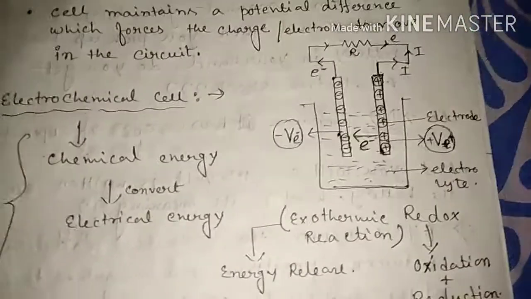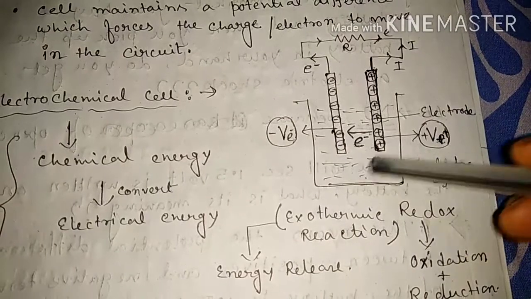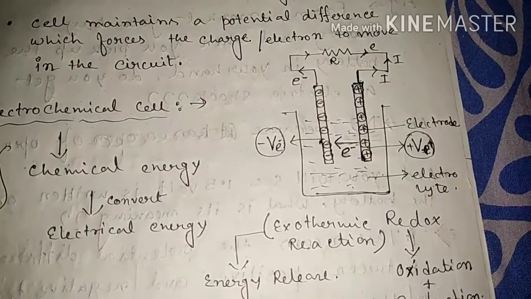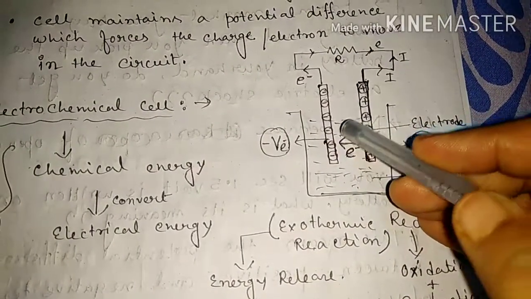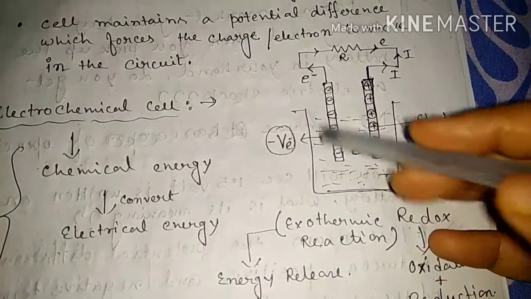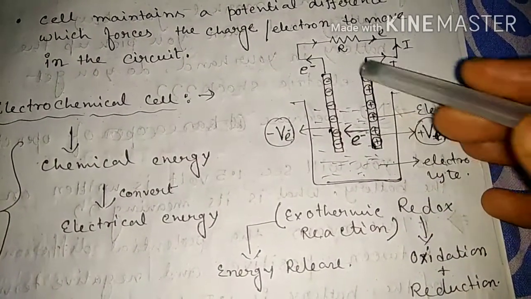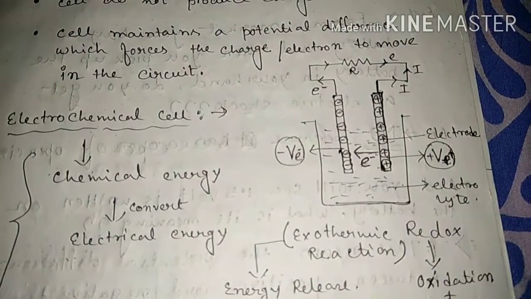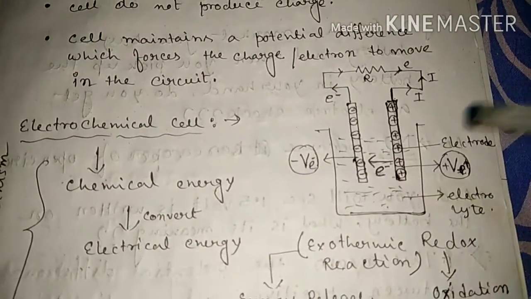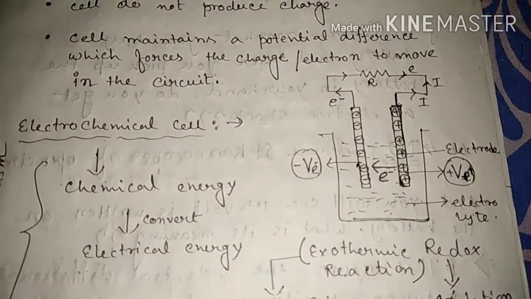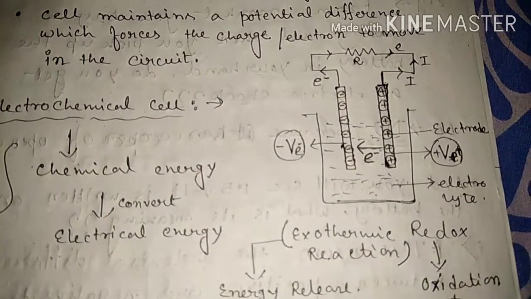That means when the electrolyte is ionized into positive and negative ions, the negative ions are accumulated on one electrode, and the positive ions on the other electrode. So one side becomes negative, the other side becomes positive. And why does this happen? Because of a force whose property is opposite to the electrical force.